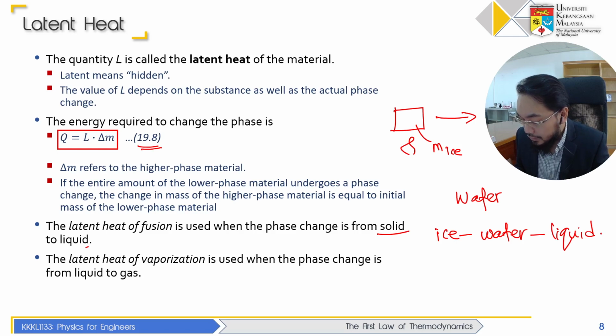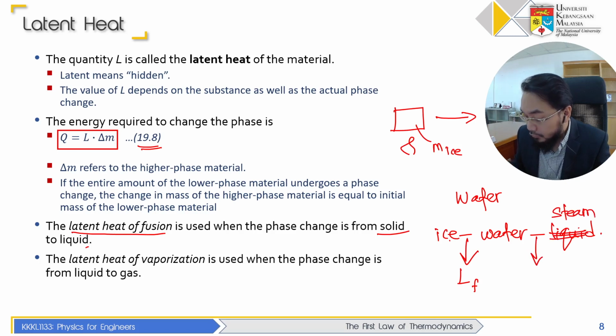In order to change ice completely into water, you need to satisfy the latent heat of fusion, let's call it LF. And in order to convert all the water into steam, you need to supply heat, which is the latent heat of vaporization. Let's put LV.